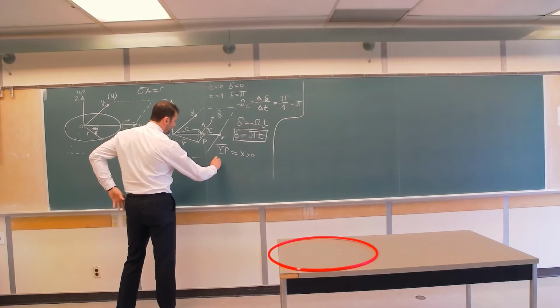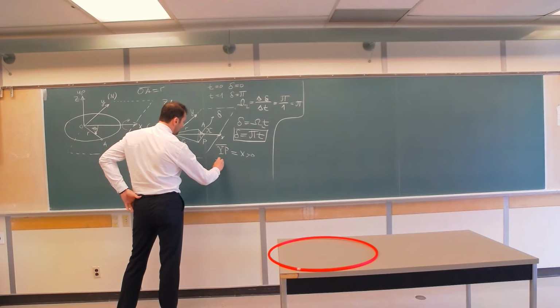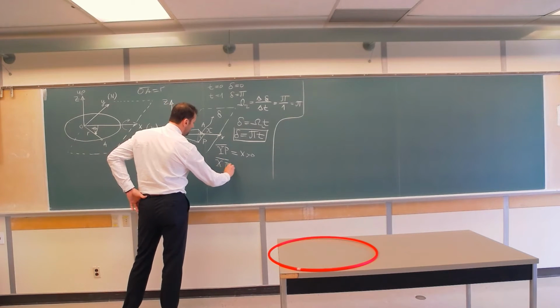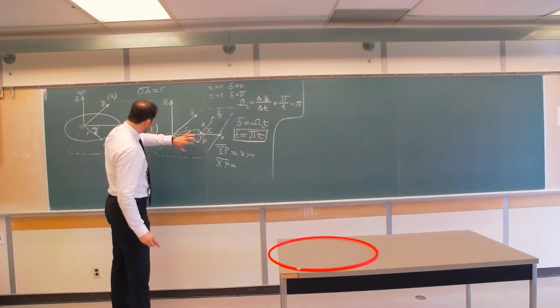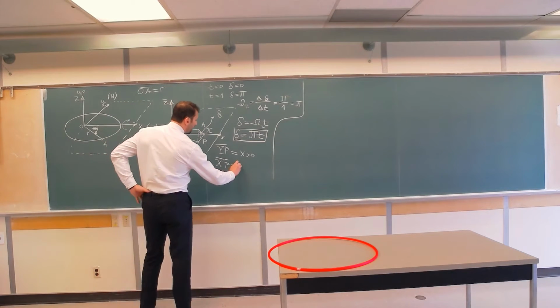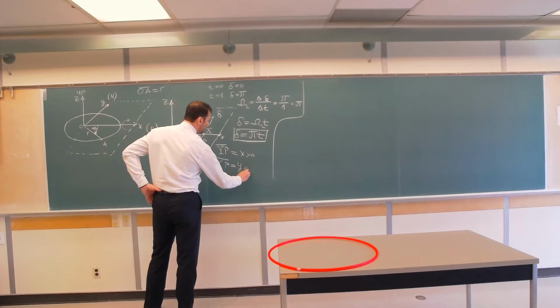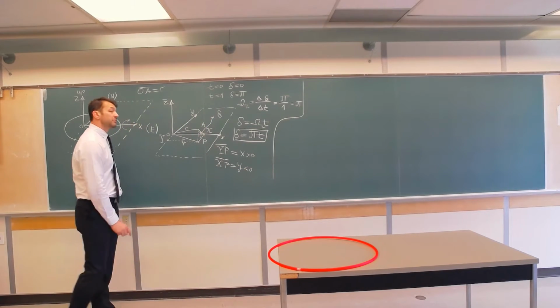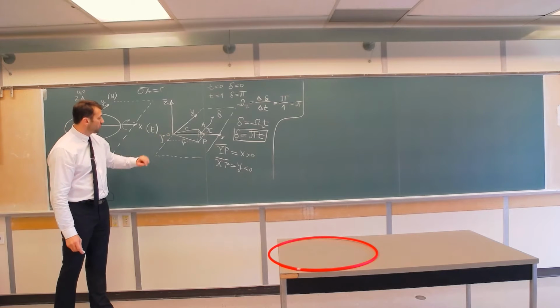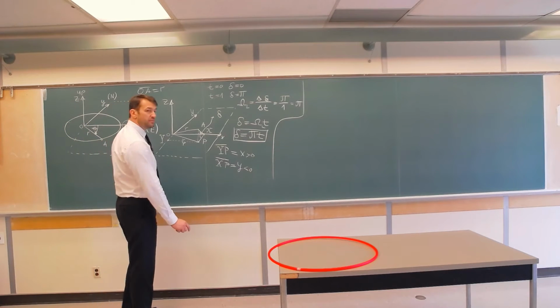This length, XP, is clearly y component of this point A, and notice that in this case it is negative. It is negative because origin of my coordinate system is over here.